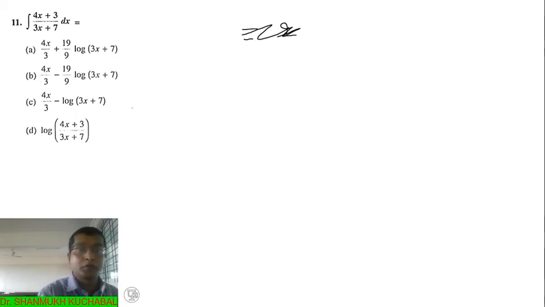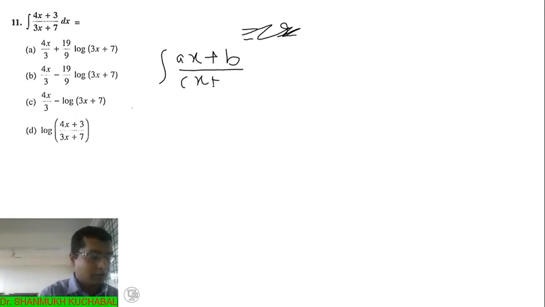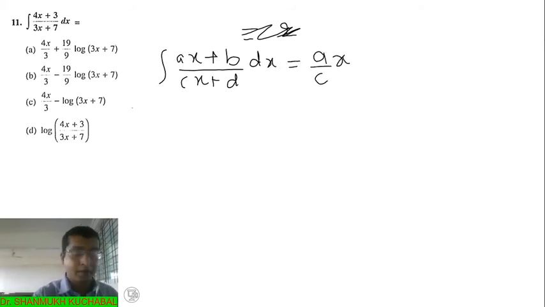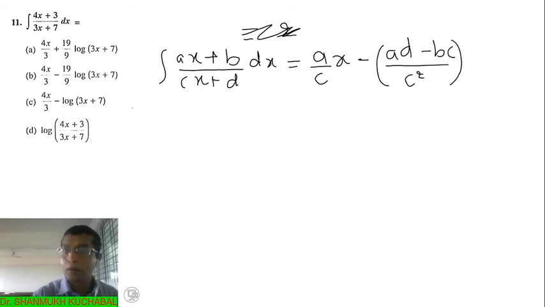Here I am going to use one trick: integration of ax plus b divided by cx plus d times dx can be written as a by c times x minus ad minus bc divided by c square times log of cx plus d.